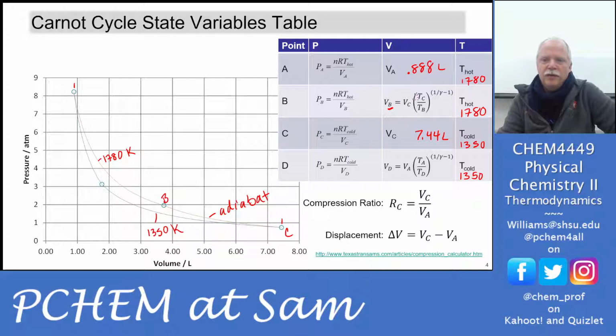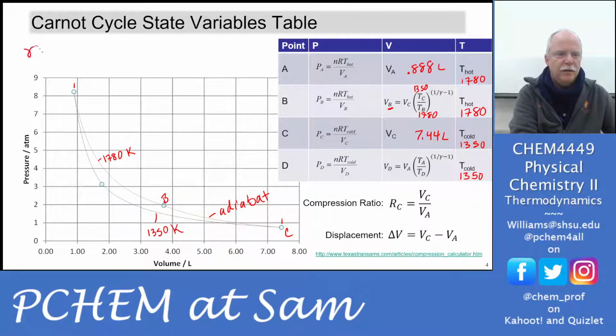And so we can use that adiabatic relationship with our volumes. I have the temperature at B, which is 1780, and the temperature at C, 1350, so it's cooling down. And then I have 1 over gamma minus 1, so we've got to figure out what gamma is.